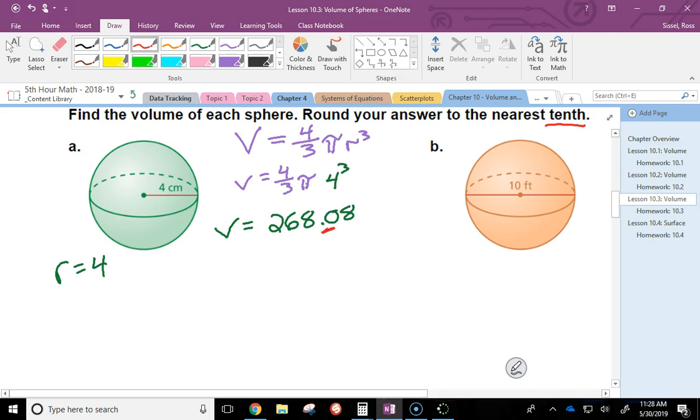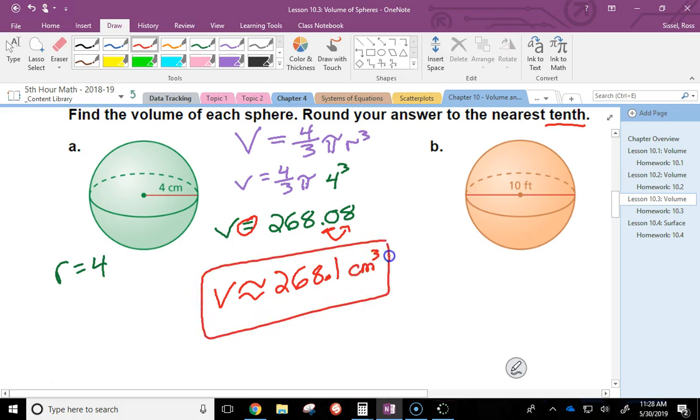There's supposed to be squiggles. Oh, I failure at life again. So then I go here, so I'll say volume is approximately, good job catching that, 268.1 centimeters cubed.